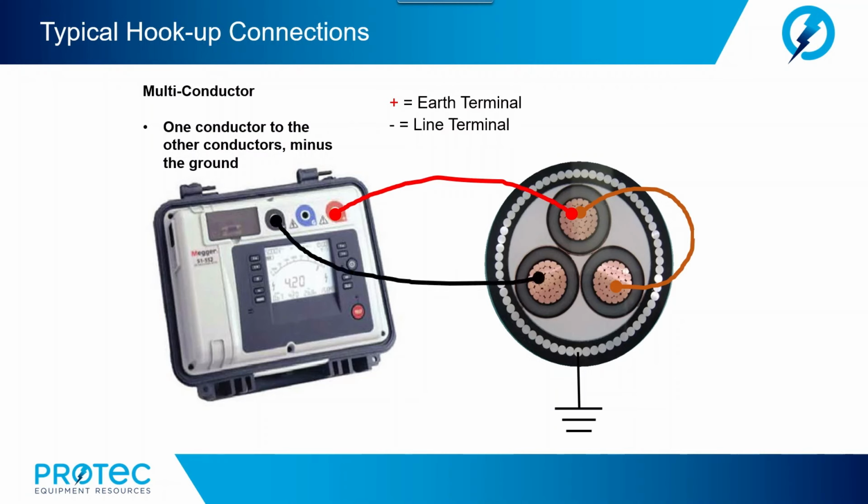We connect the negative lead to the conductor of interest, and we connect the guard terminal to the metallic shield. So any current flowing to the metallic shield bypasses the measurement circuit. It does not contribute to the measurement, and we are now only measuring the current that is flowing from the conductor of interest to the other conductors in the tri-core cable.